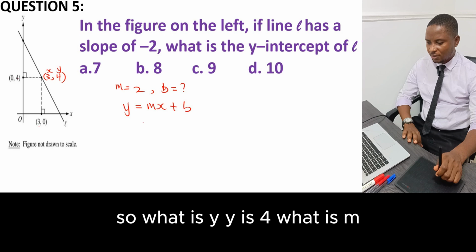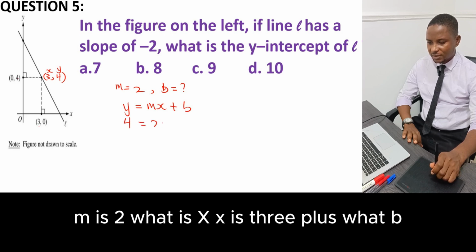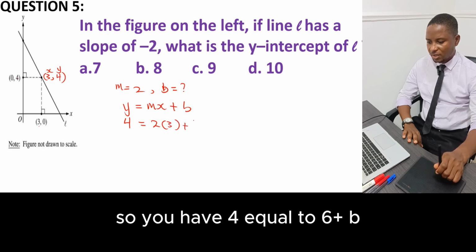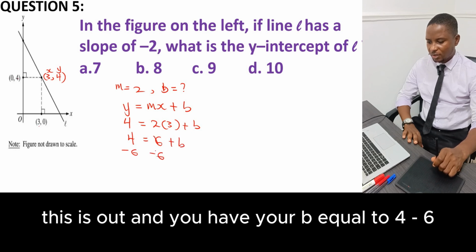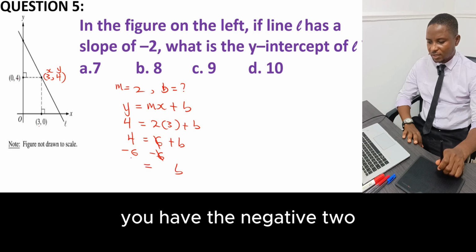So what is y? Y is 4. What is m? M is 2. What is x? X is 3. Plus what? B. So you have 4 equal to 6 plus b. Then just take 6 away from both sides. You have your b equal to 4 minus 6. You have a negative 2.